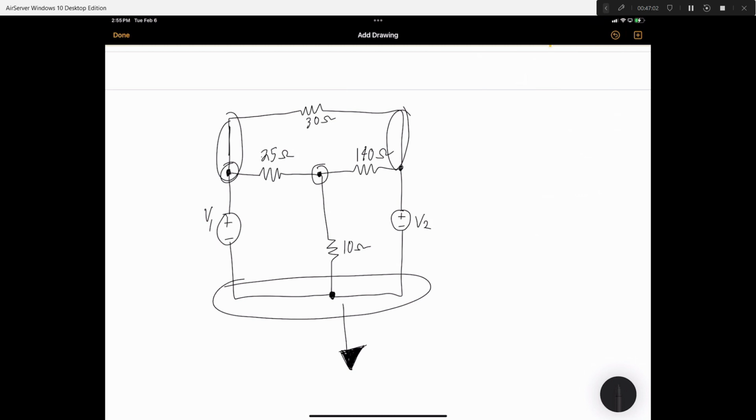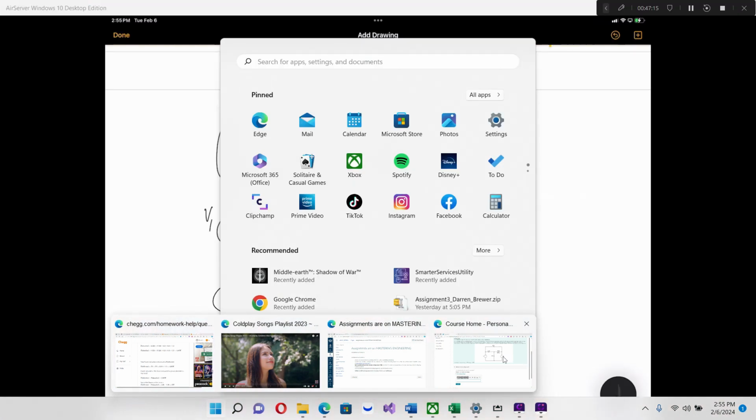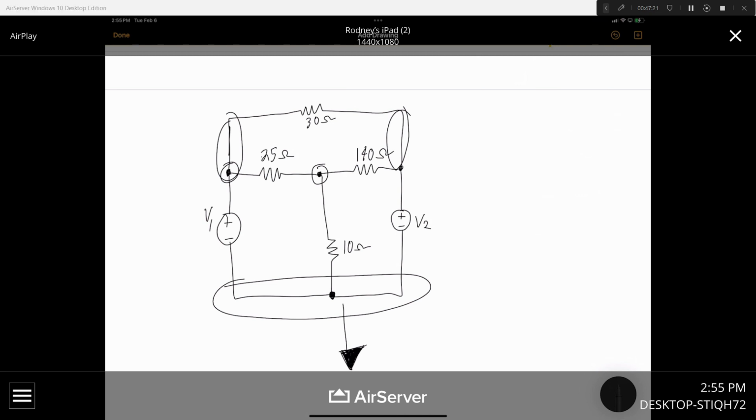Let me move this over to my other screen. There we go. There's 1, 2, 3, 4 essential nodes. So let's put that in the answer real quick.